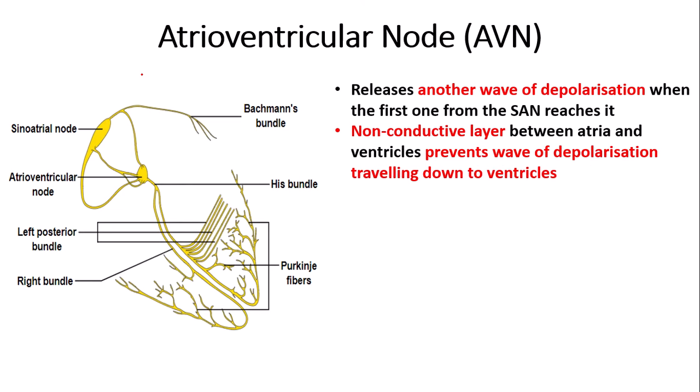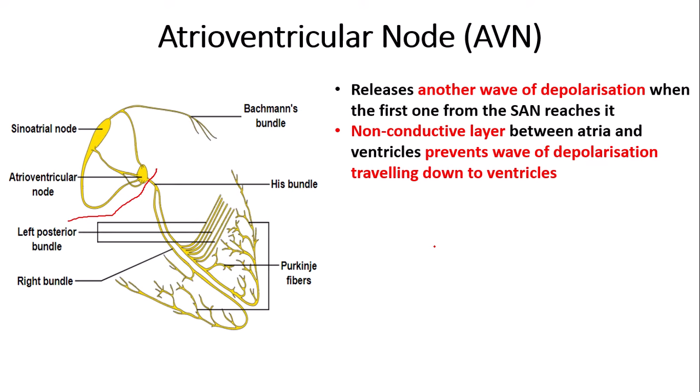Now, the key thing to note here is that there is a non-conductive layer between the atria and the ventricles. In this image, you can imagine a non-conductive layer here, as the ventricles are situated here in this diagram and the atria are here. This non-conductive layer prevents waves of depolarization travelling down to the ventricles.